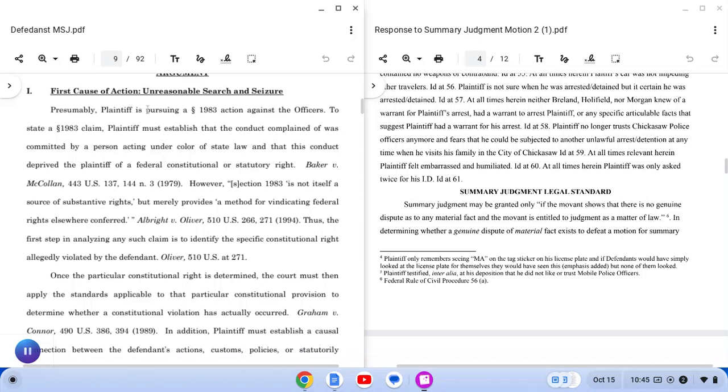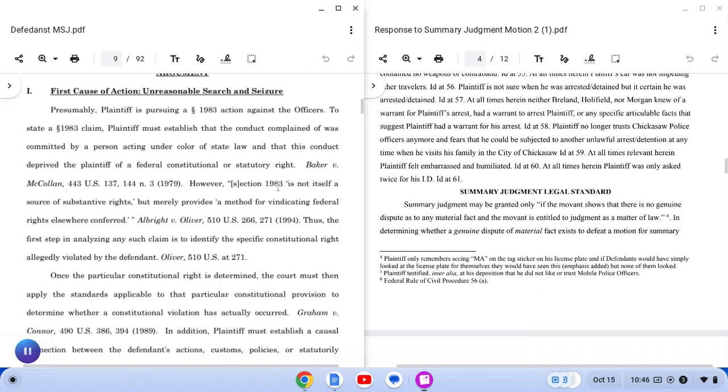Presumably, plaintiff is pursuing a 1983 action against the officers. To state a Section 1983 claim, plaintiff must establish that the conduct complained of was committed by a person acting under color of state law, and that this conduct deprived the plaintiff of a federal constitutional or statutory right. And then there's the case that they're citing in support of their argument.